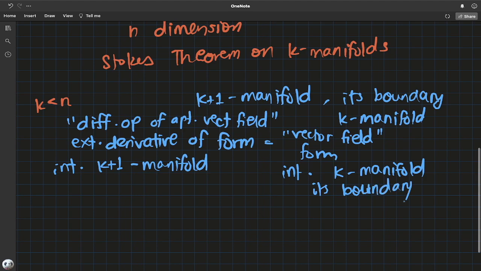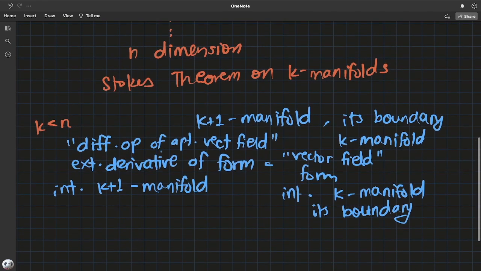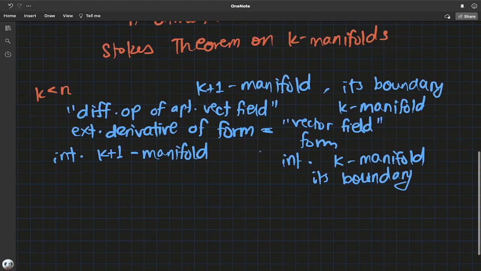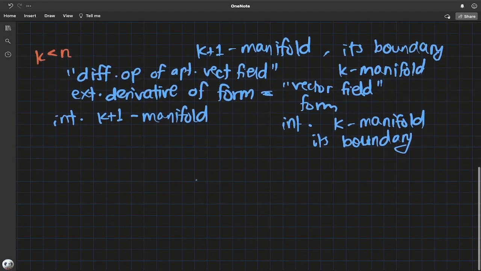So we have this game between the differential operator on a manifold, the boundary of the manifold, and the vector field itself. There's this equality of these things, which is a general fact. This is the most fundamental relationship between these quantities, I think, and this is beautiful.